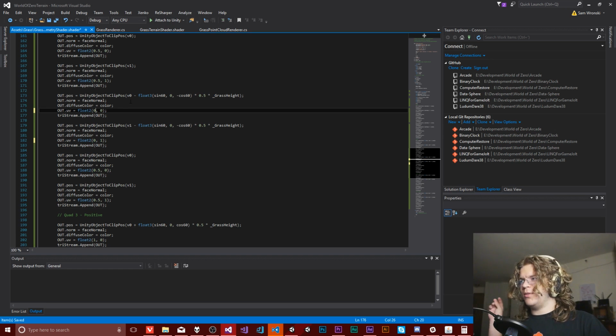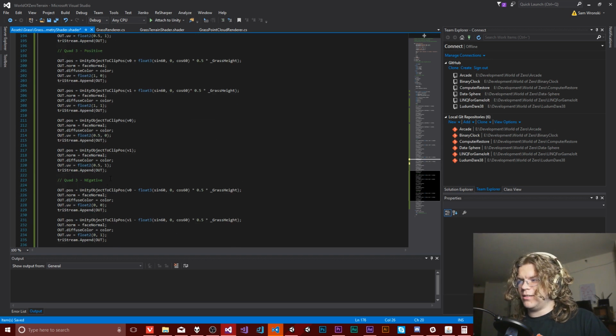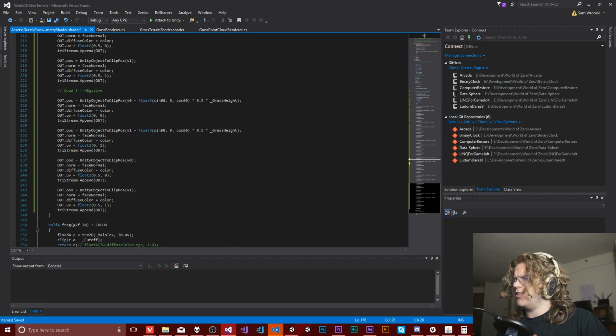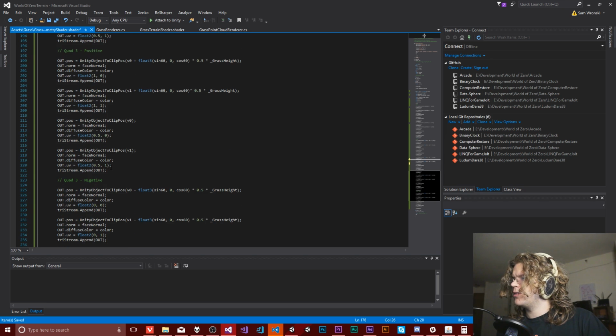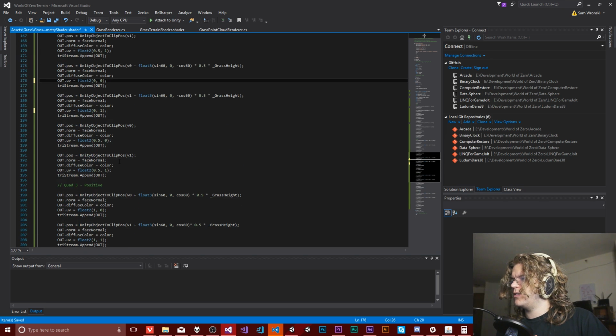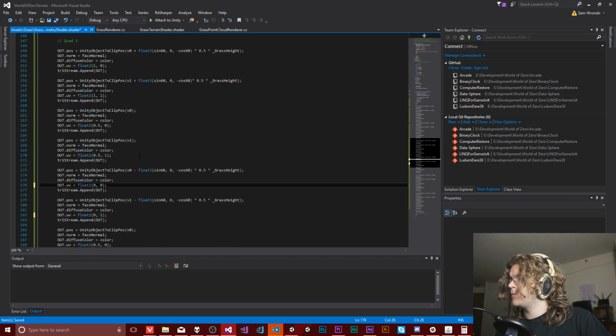So the UV coordinates were between 0.5 and 0.5, which means nothing actually happened because there wasn't much there. So by taking that back out and not being a silly person, we should fix it.